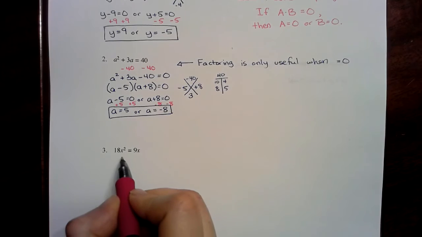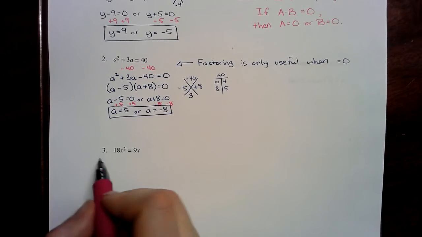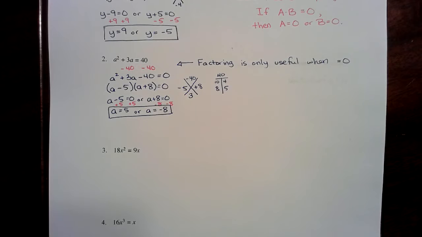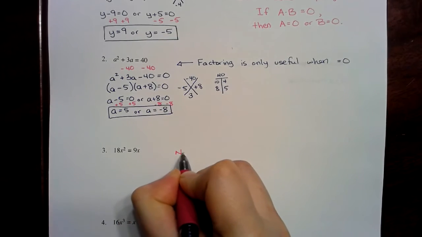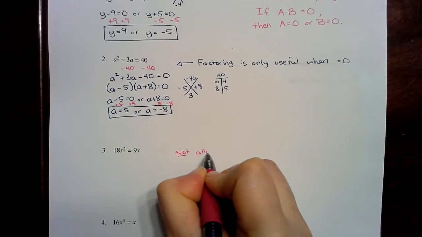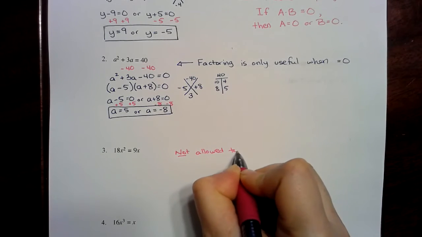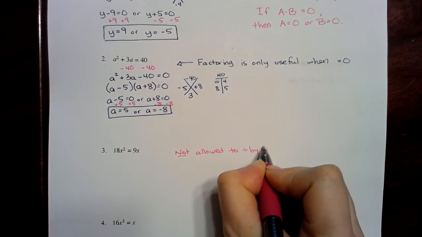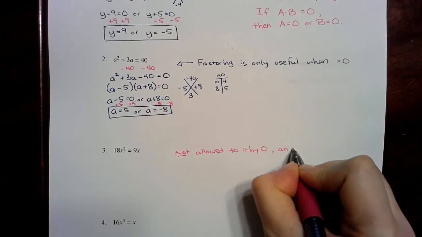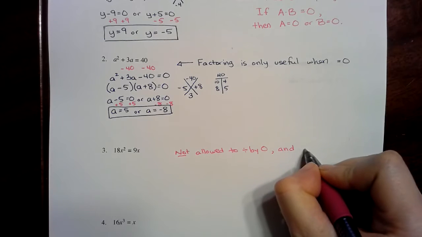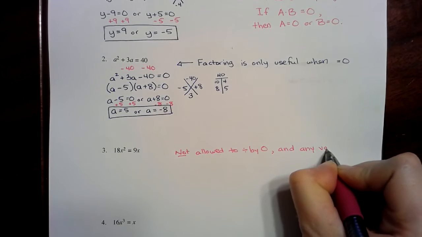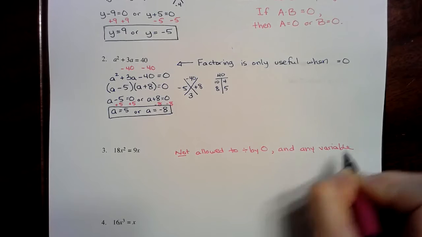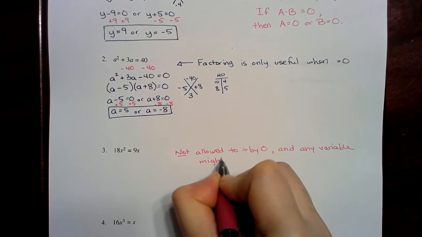Now for number 3, it is really easy to say, oh, let's divide by x on both sides. But we're not allowed to divide by 0. And any variable might be 0.